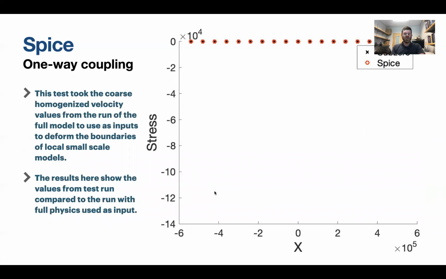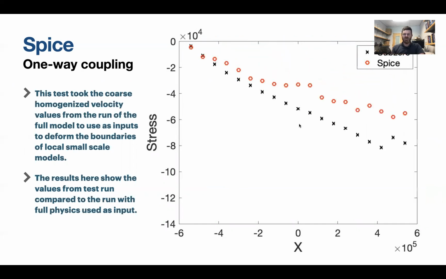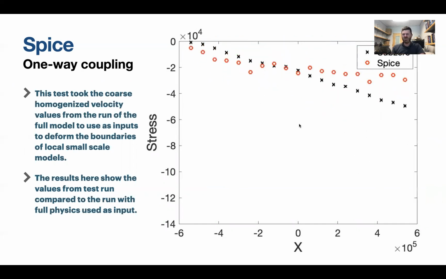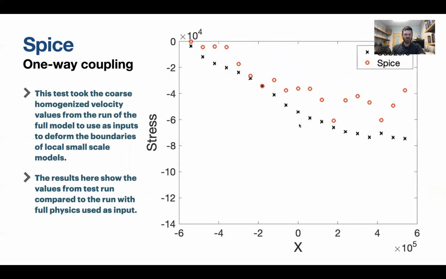So we do this. We split up the domain in one dimension, run these small scale models with the inputs from the large scale full model, and we get the stress. We wanted to compare the stress from the truth with the stress from the SPICE model.